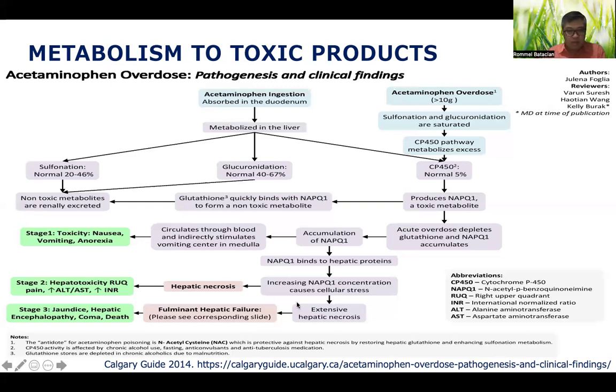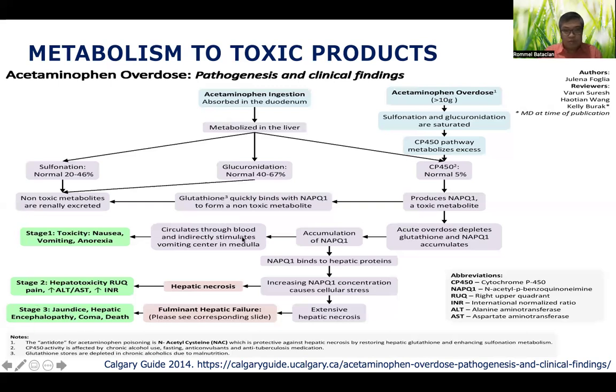And then the toxic NAPQ1 causes extensive hepatic necrosis, leading to a severe complication, fulminant hepatic failure, which will lead to jaundice, hepatic encephalopathy, decrease in sensorium, and initially comatose, and it could be fatal in a relatively significant proportion of individuals.